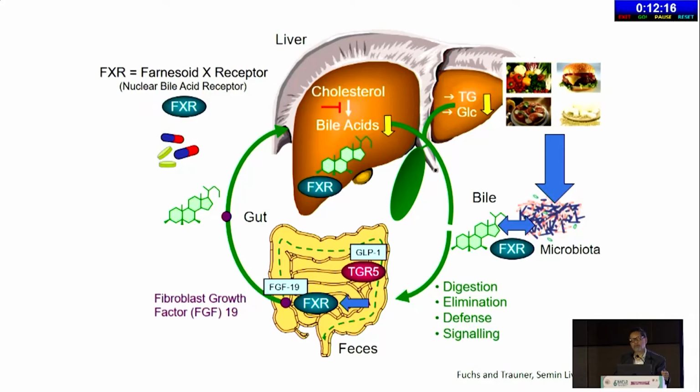But it turns out every time you eat, you have enterohepatic circulation. These bile acids are reabsorbed in the ileum and they circulate back to the liver. During this process, they provide information to cells, not only in the liver, but elsewhere in the body, that nutrition is coming, because every time you eat, you have enterohepatic circulation of bile acids.